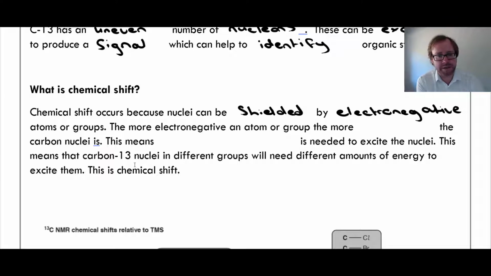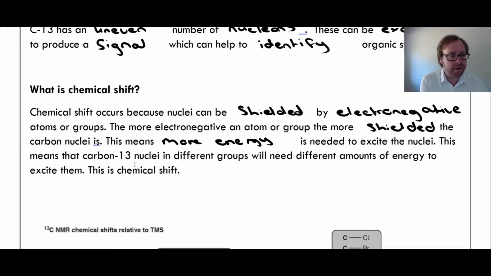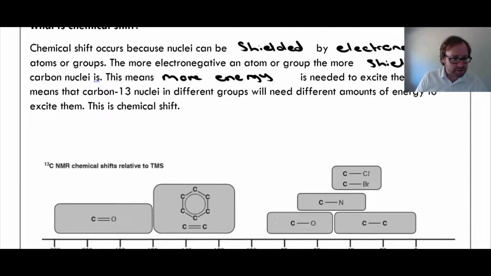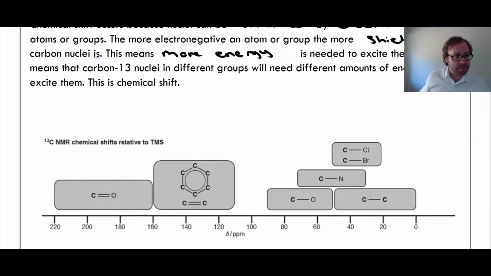The more electronegative an atom or group, the more shielded the carbon nuclei is. This means more energy is needed to excite the nuclei. This means that carbon-13 nuclei in different groups will need different amounts of energy to excite them, and this is called chemical shift.